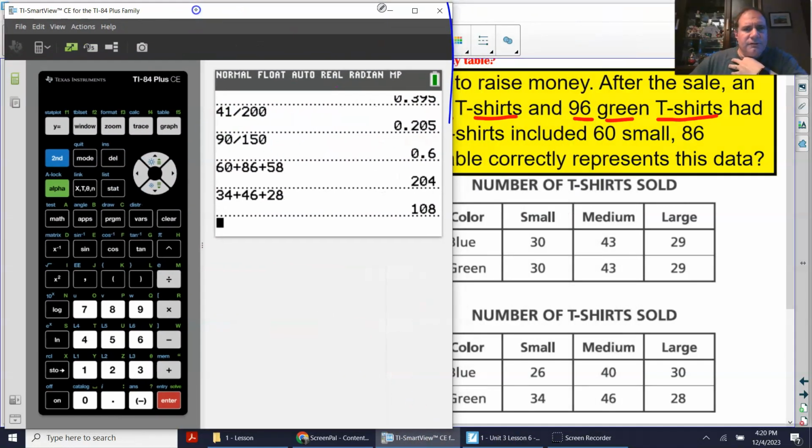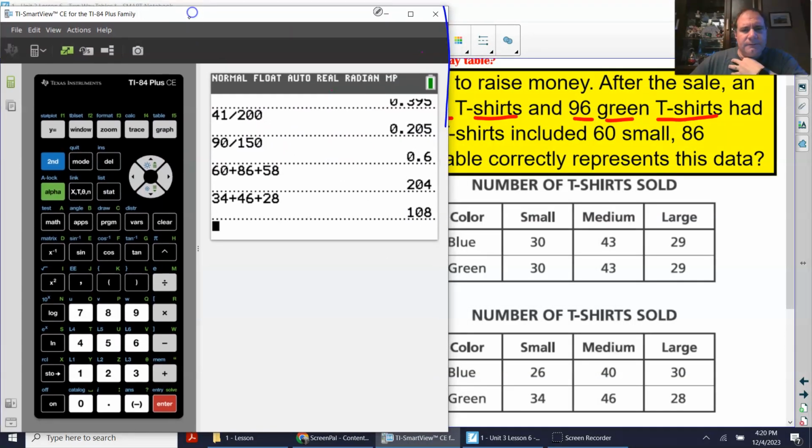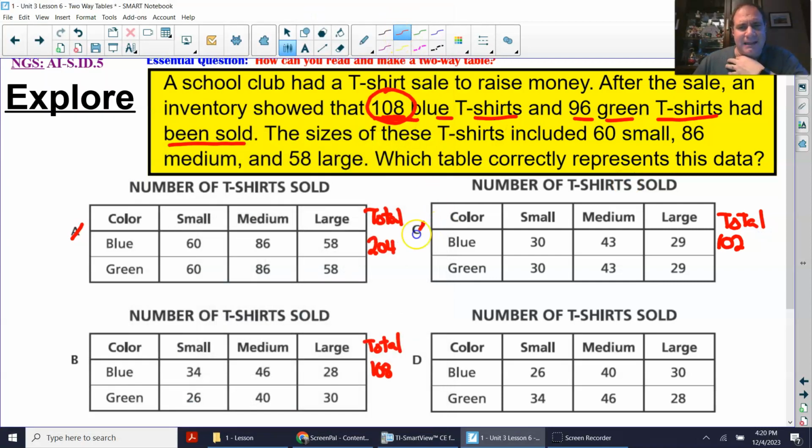All right, I'm going to move this over. Blue, I'm going to go right across in that row. 30 plus 43 plus 29. Enter. 102 total. So the blue t-shirts, 108, that's out.